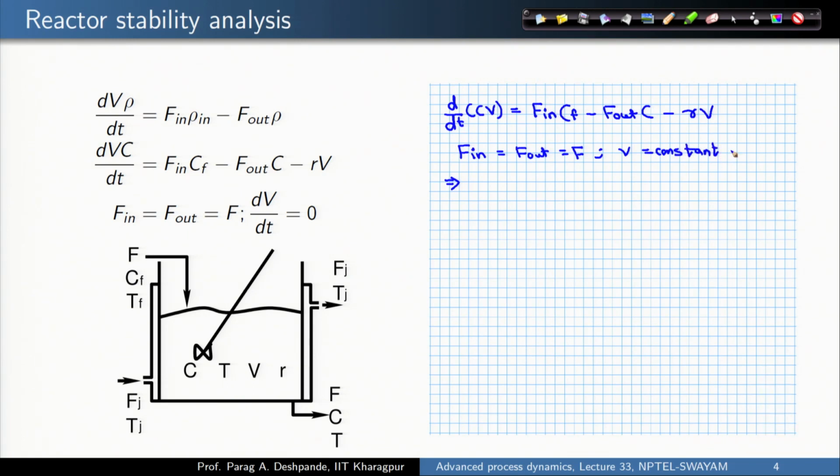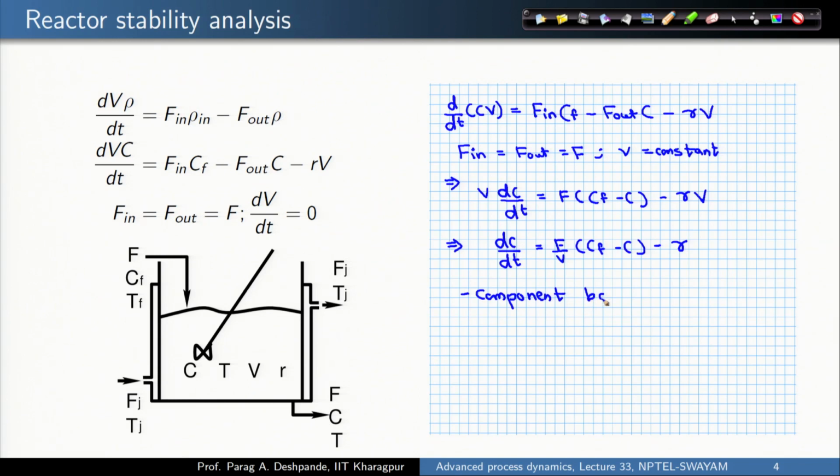So, I can write this as V d C by dt is equal to F times C f minus C, minus R times V. In other words, d C by dt is equal to F by V times C f minus C, minus R. This is the equation which we get from component balance.